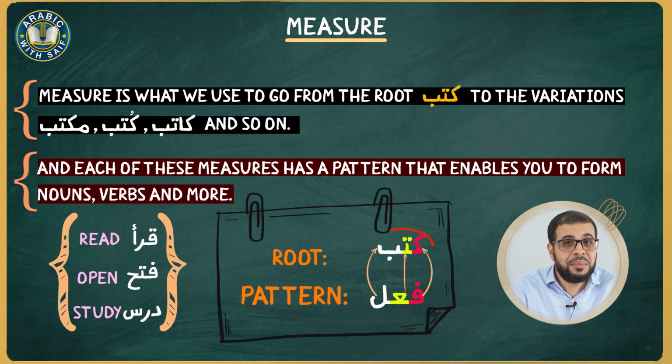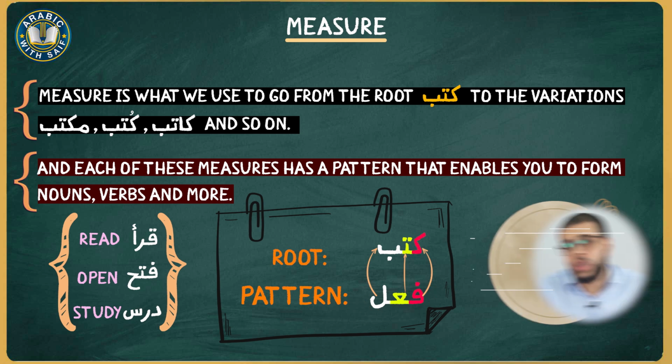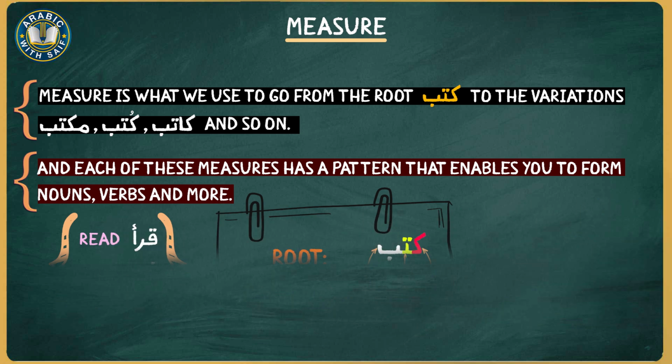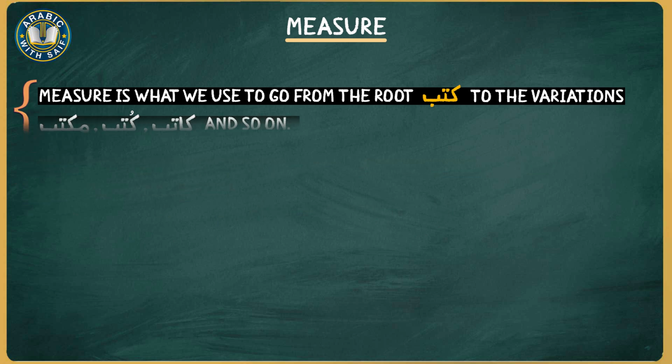So the word كتب has the wazn or pattern of فعل. It means to write. So its variations should have something to do with the meaning of this root.